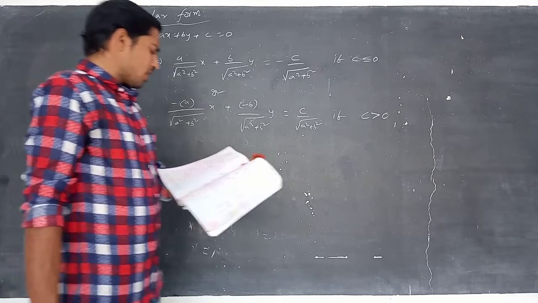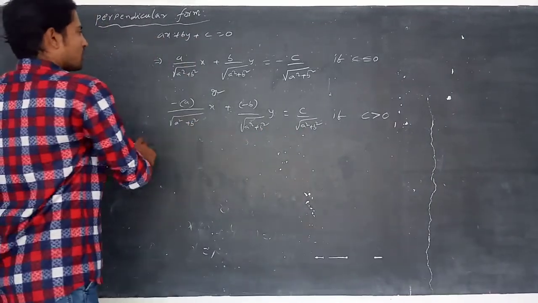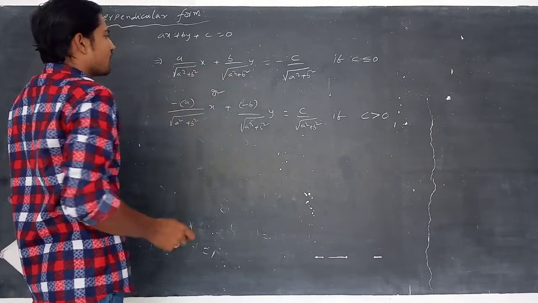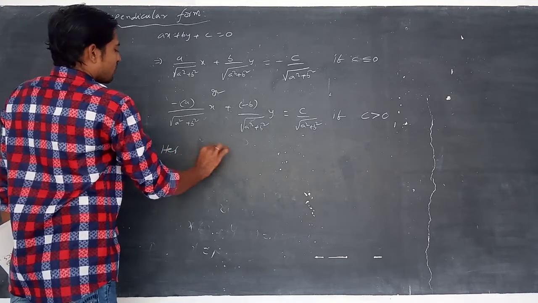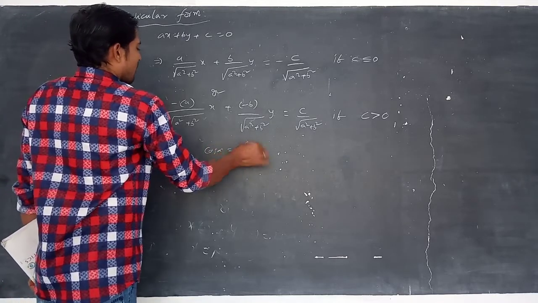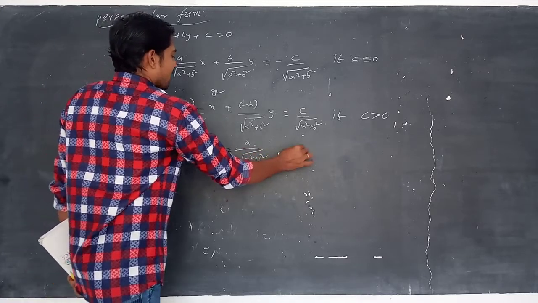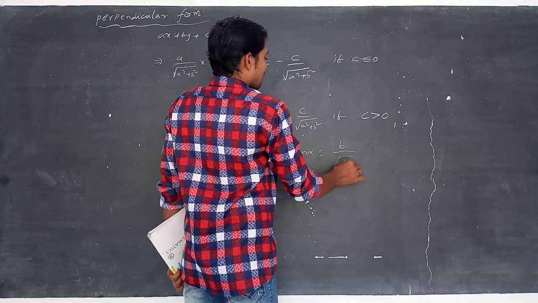So what is sin alpha, what is p, and what is cos alpha? In x cos alpha plus y sin alpha is equal to p, here cos alpha equal to a by square root of a square plus b square, sin alpha equal to b by square root of a square plus b square.